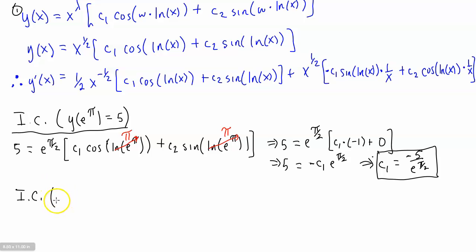And our second initial condition here is y prime of e raised to the pi is going to be equal to -3. All right, so of course, we are going to be using this second equation now.